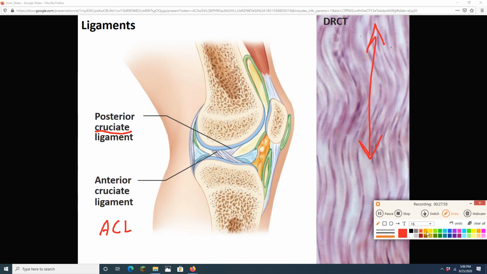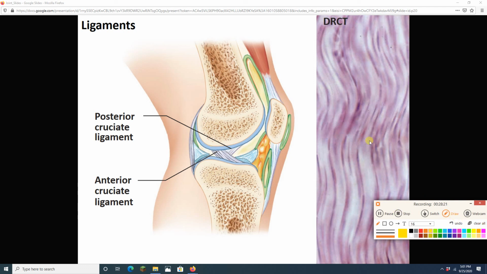But if it were stressed horizontally, if stressed this way, it could tear. And that can happen with the ACL or the PCL. By the way, we're going to learn these ligaments in the lower limb lab that we're doing for the skeletal system, which is why I'm mentioning them now.